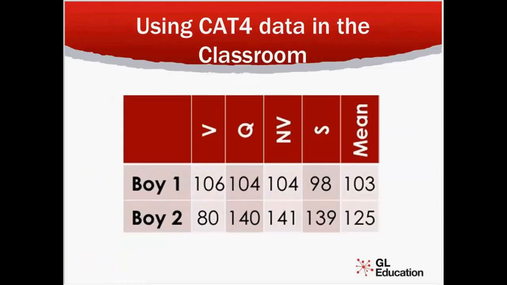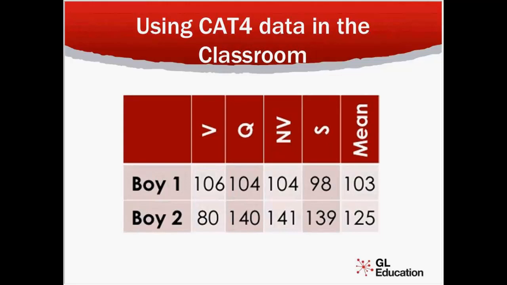This is an actual example from a school. There were 2 boys in this school whose data is vastly differing. The new deputy head teacher to this school actually ran the CAT4 test for the first time, didn't tell the staff what the results were, and asked the staff to comment on these 2 children.